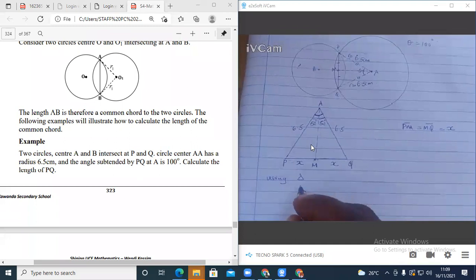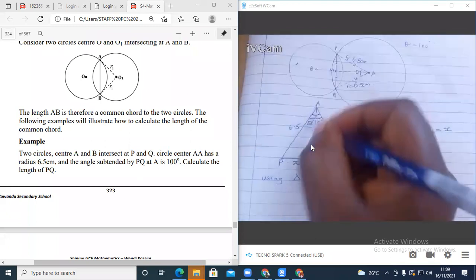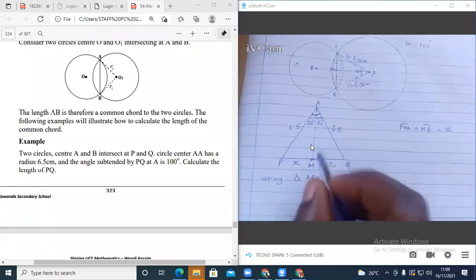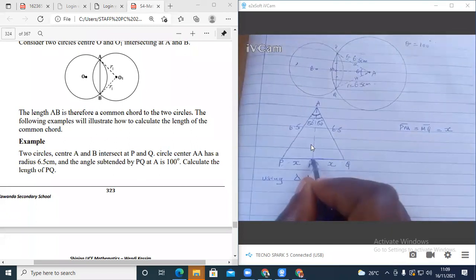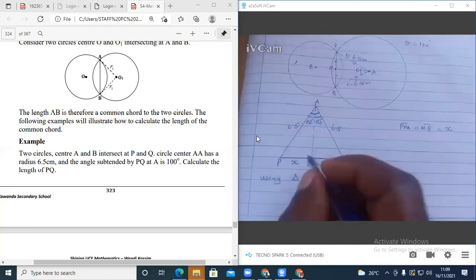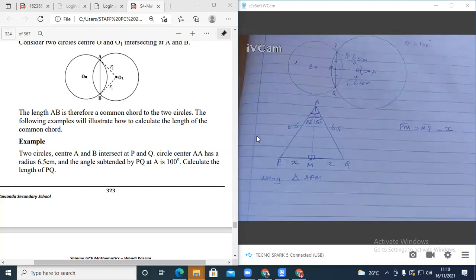Let us use triangle APM. That triangle is right angled. Why? Because any line that bisects another line into two equal parts meets it at 90 degrees. So that is 90 degrees.